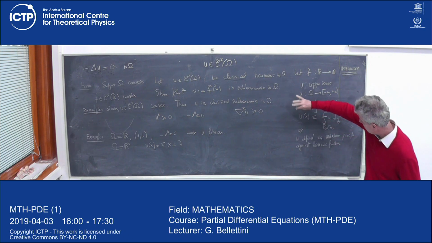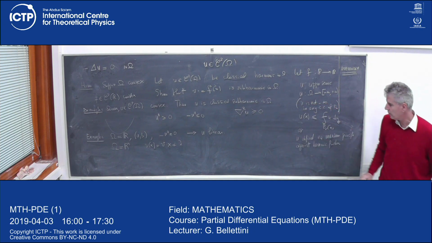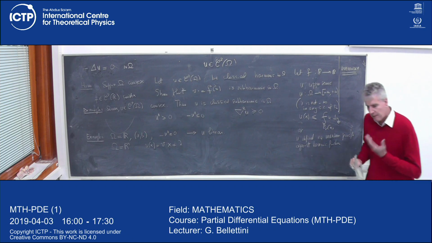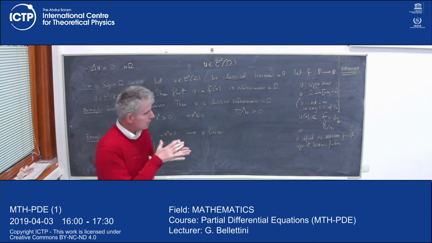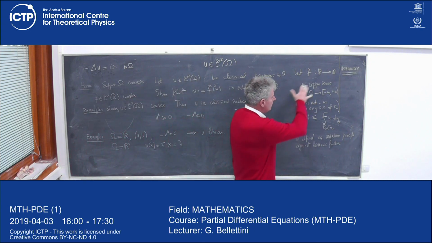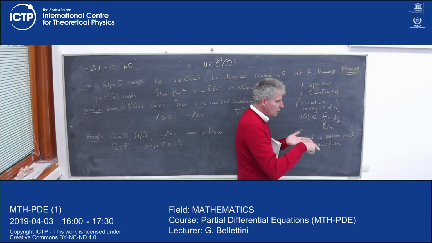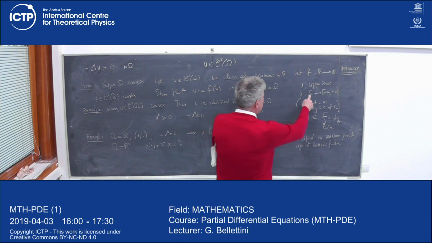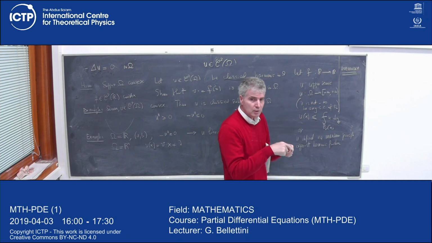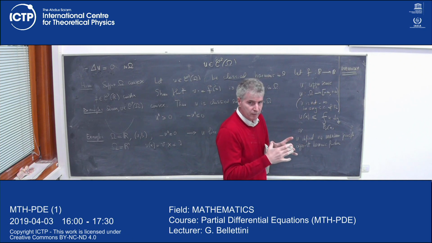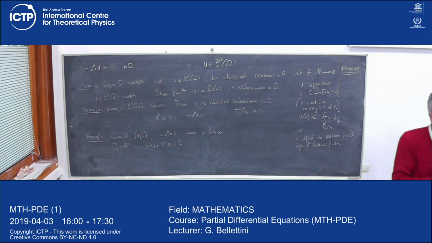So let me erase this one. This is one possibility, but let me stress that also this one says, in a sense, that u is subharmonic, if it has some kind of continuity, and if on the boundary of any ball inside here it is not larger than a harmonic function, then it must be not larger than it inside the ball.